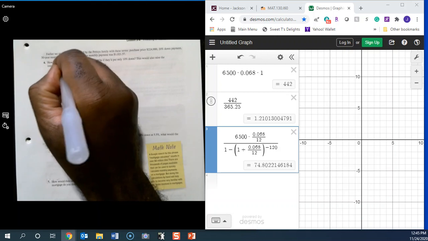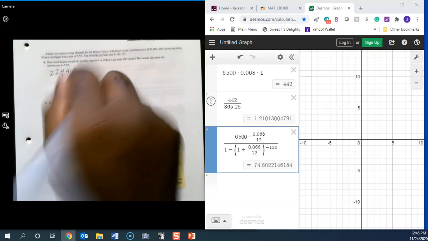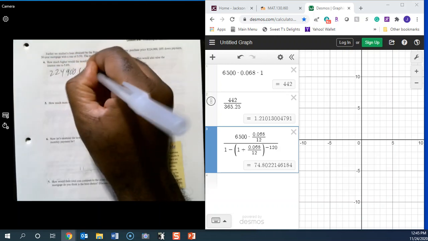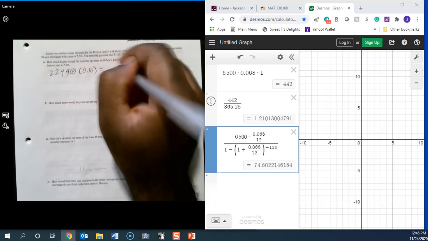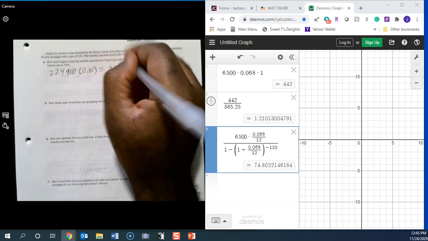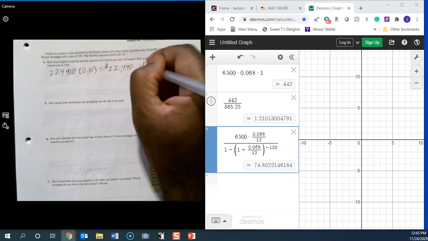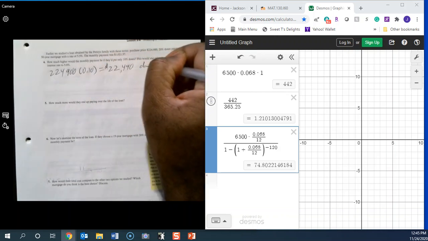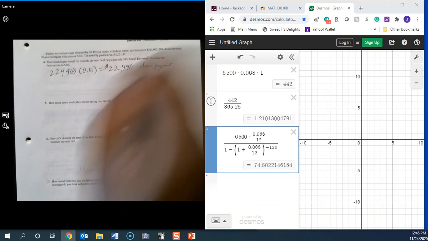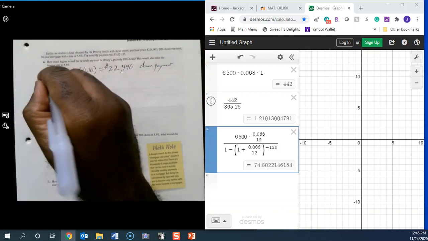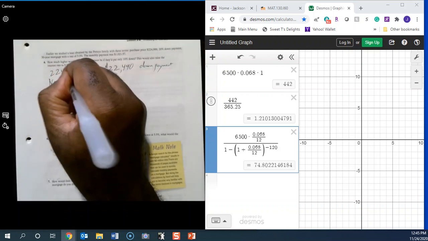So we have $224,900, and we'll multiply it by the 10%. So our down payment would be $22,490. That'll be the down payment. Now our new principal, and I'm just going to write that here.